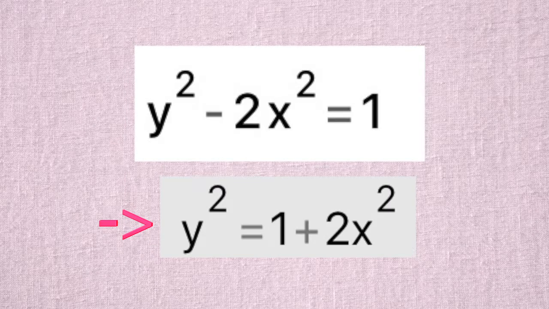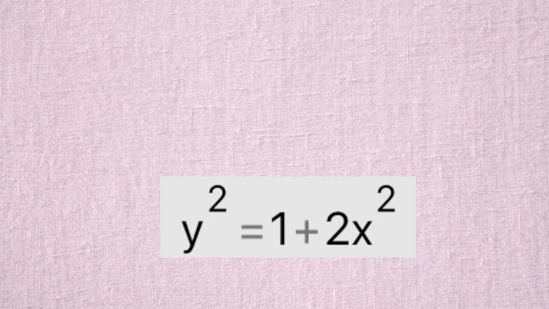We added 2x squared to the left side and also to the right side, so that y squared will only be left on the left side. y squared equals 1 plus 2x squared is now the new second equation.